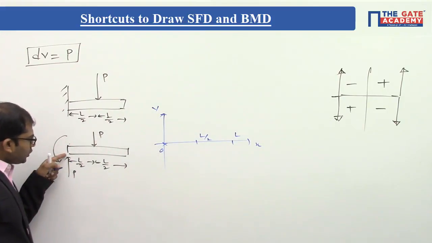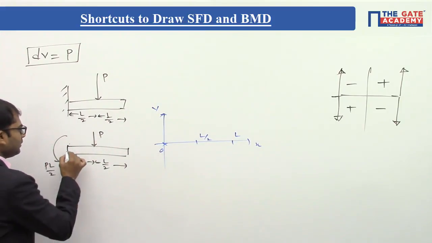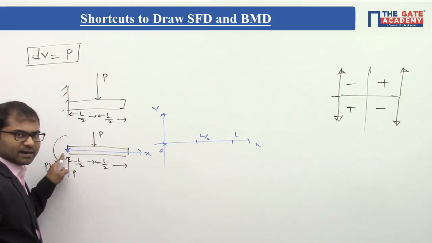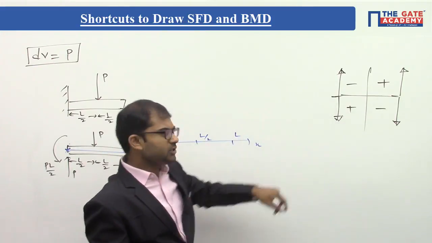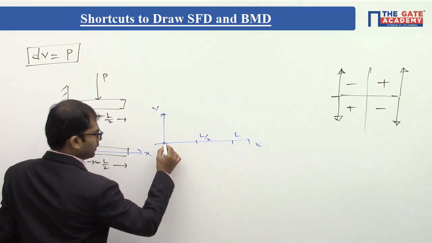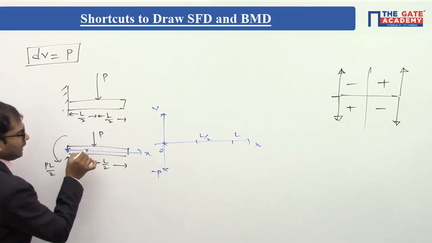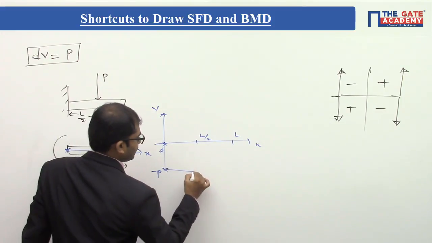At x is equal to 0, this is the location here. So this is the value of x. P upward acting, negative change. So 0, dV is minus P. So minus P. Till L by 2 there is no change.